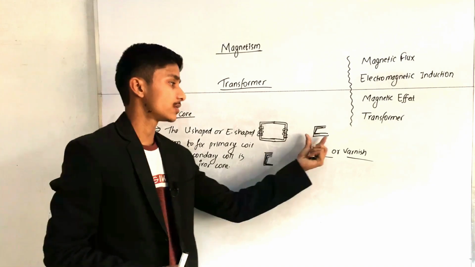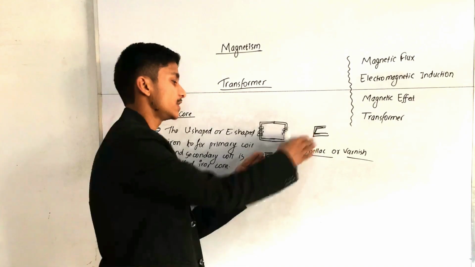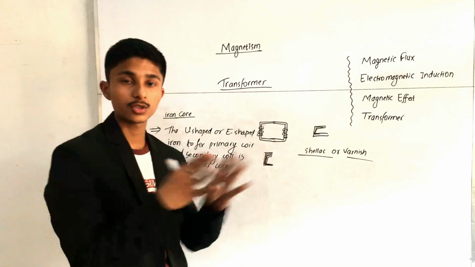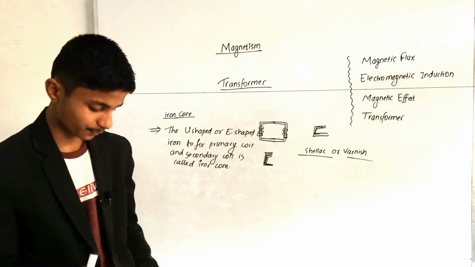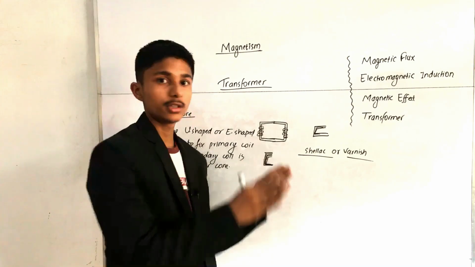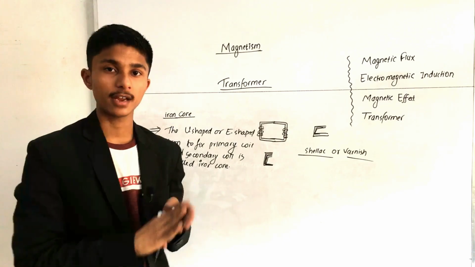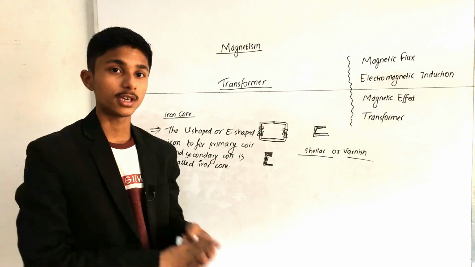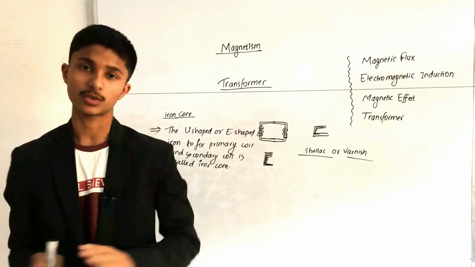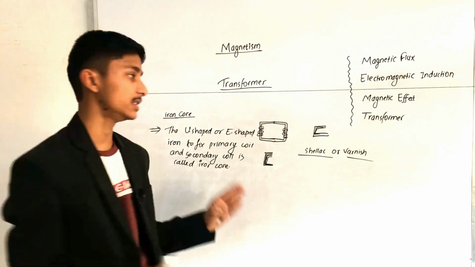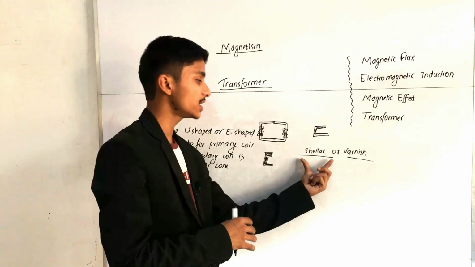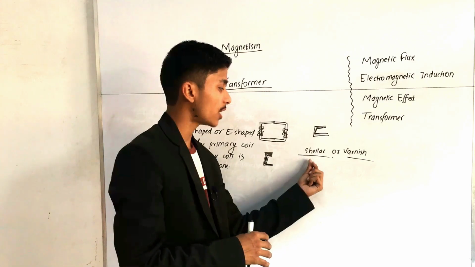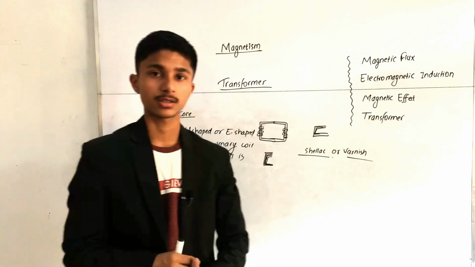This lamination of the core is when this polishing takes place. When we join this E-shaped or U-shaped iron by polishing it, this process is called lamination of core, and lamination of core is done with the use of shellac and varnish.